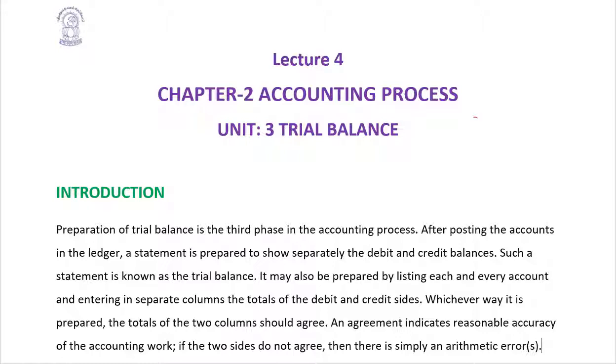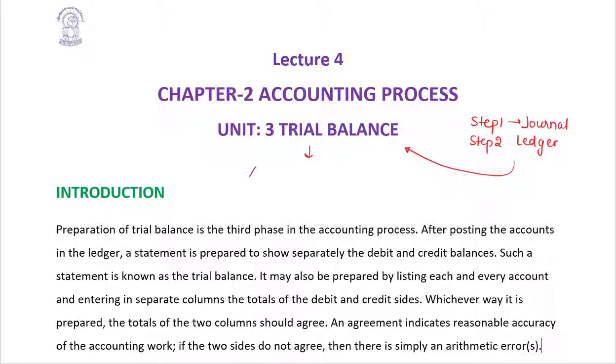So, you should understand that in an accounting process, step 1 is journalizing. Step 2 is ledger posting. After this step, from the ledgers, we make what? We make trial balance. So, trial balance is a summary of all the ledger balances, and it shows what?